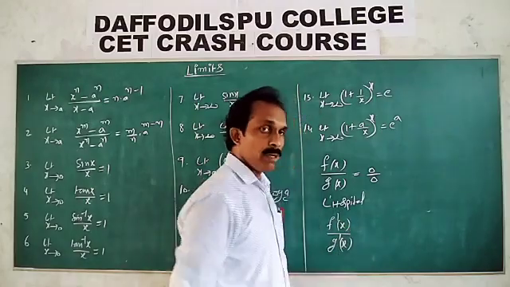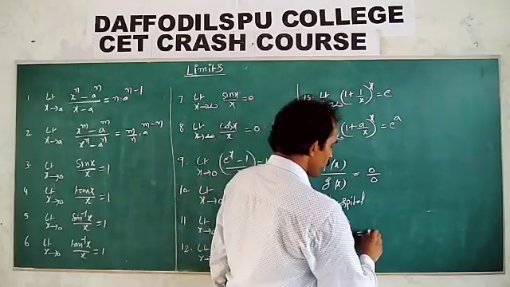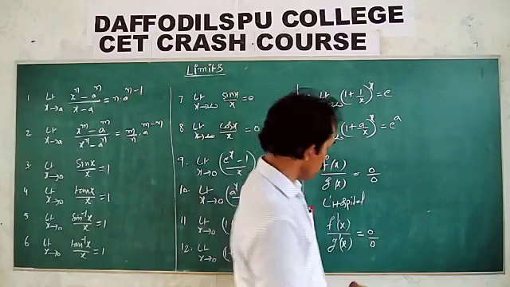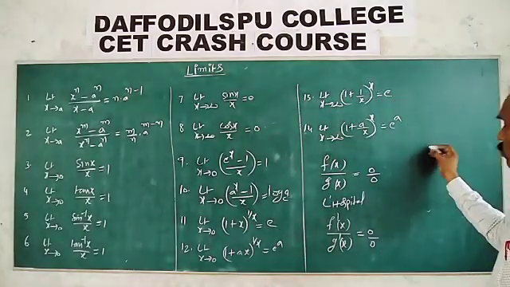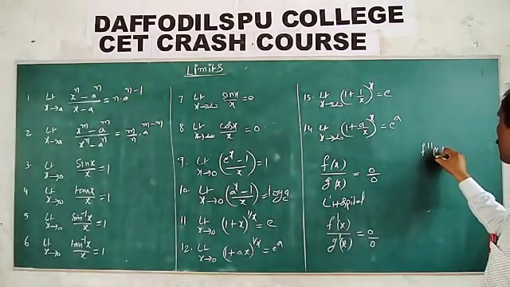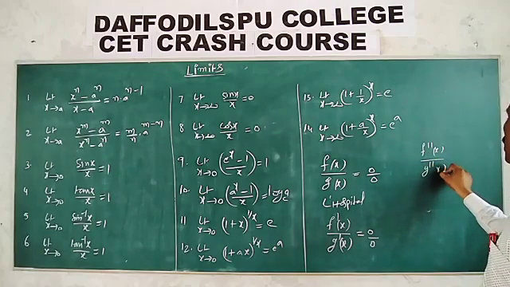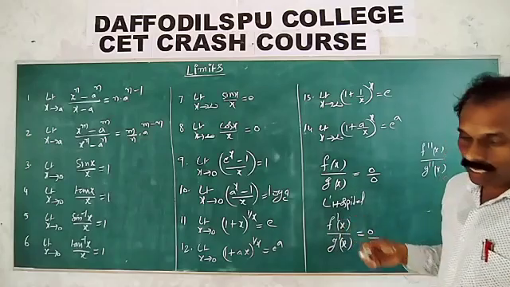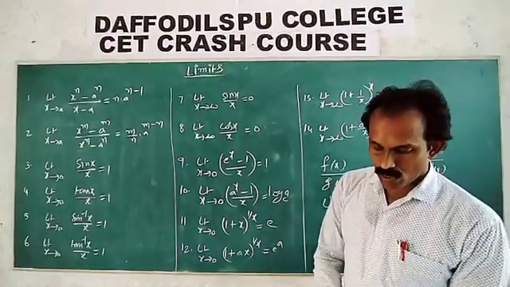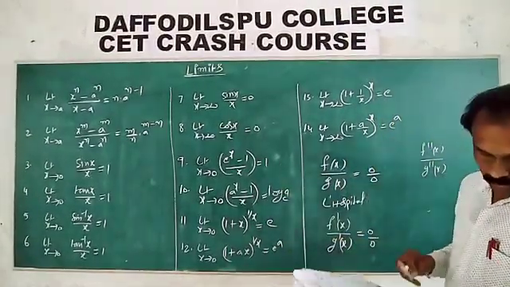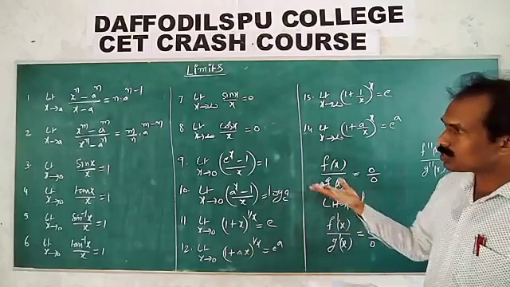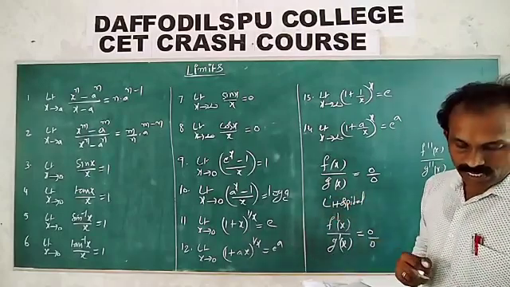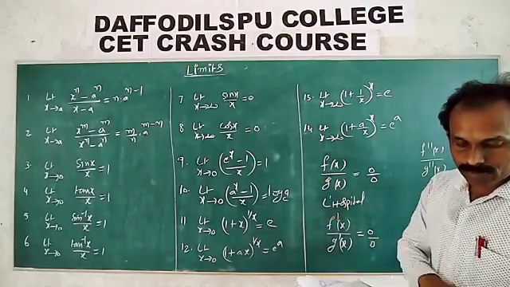If it is still in the form of 0 by 0 or infinity by infinity, apply L'Hospital's rule one more time: f double dash x by g double dash x, until we get a determinate form. Okay, these are the formulas. Once you look at those formulas, they are important. Using formulas, sometimes it is easy, like shortcuts.